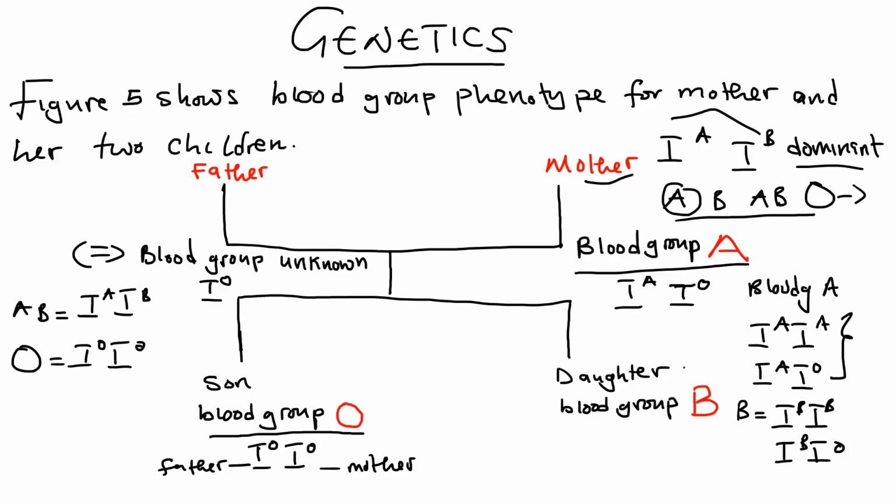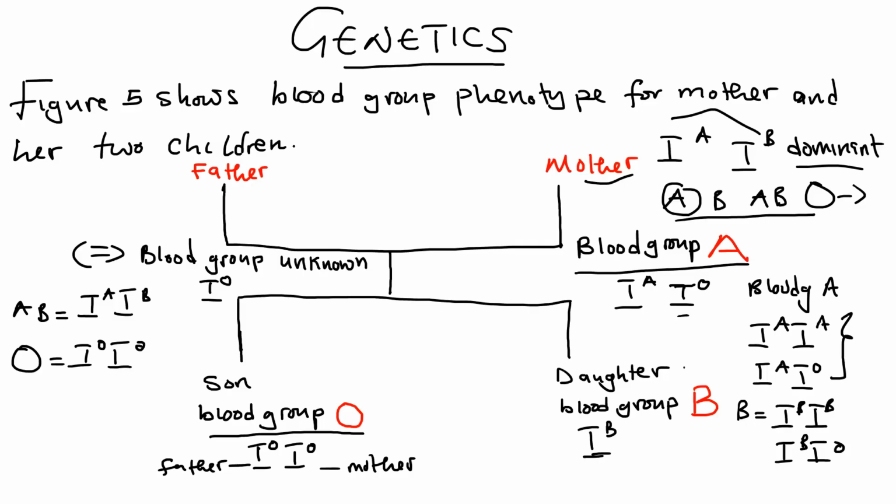Then the father. Look again: we have a son who is blood group O, then we go to the daughter, who is blood group B. The daughter is blood group B, and the mother is blood group A. So the mother can only contribute O, because if she contributed A, the daughter would be AB.